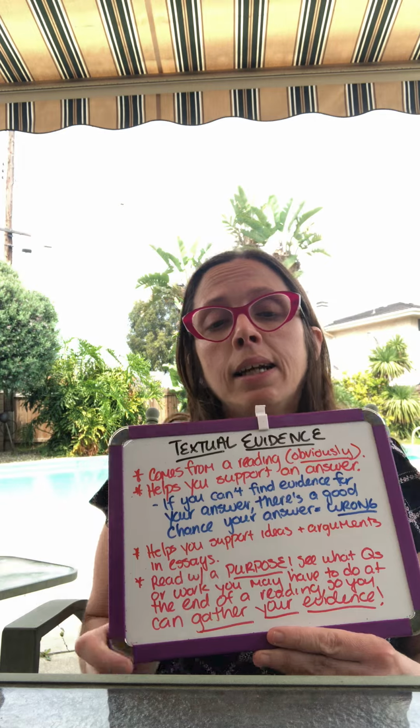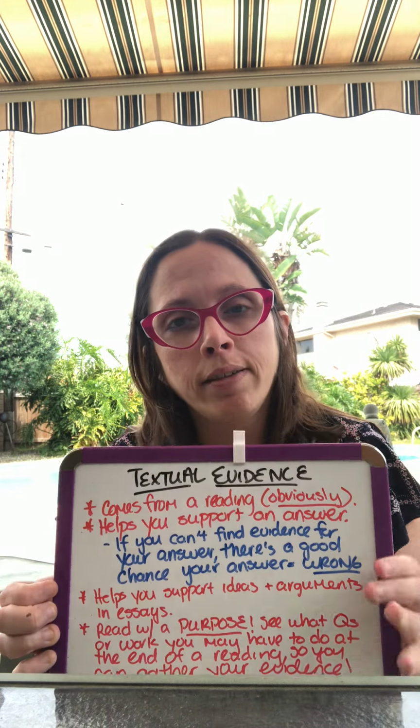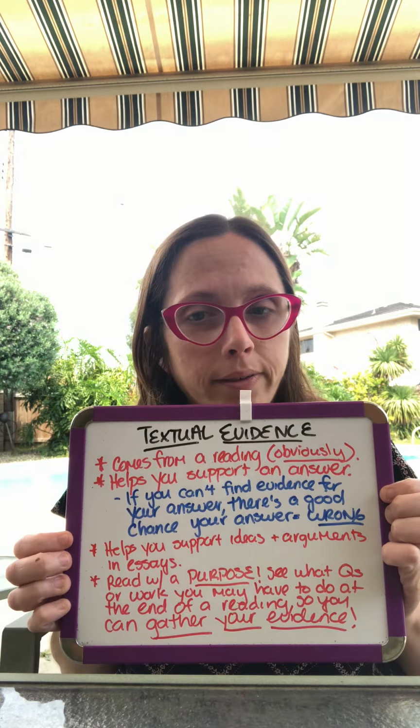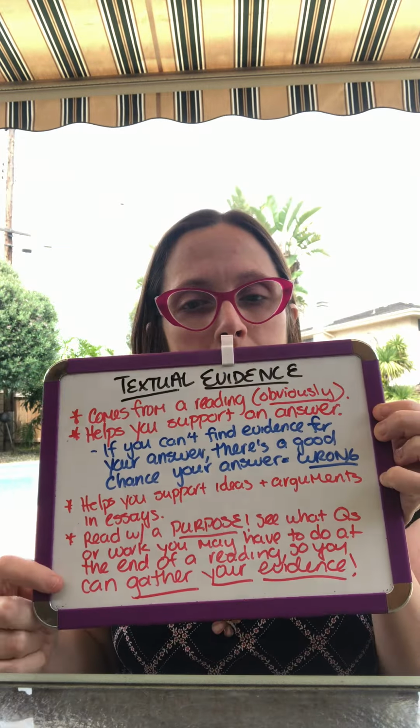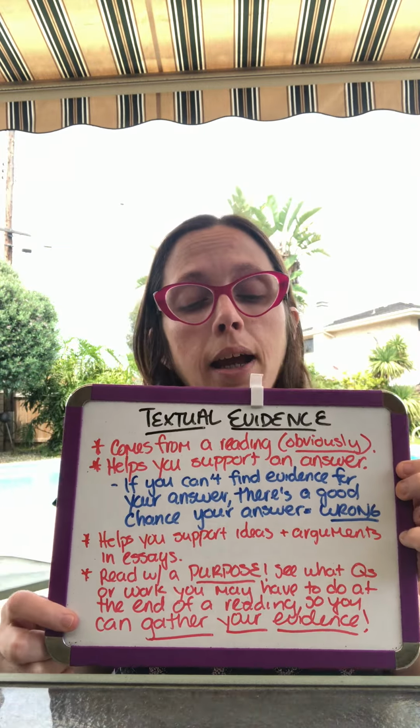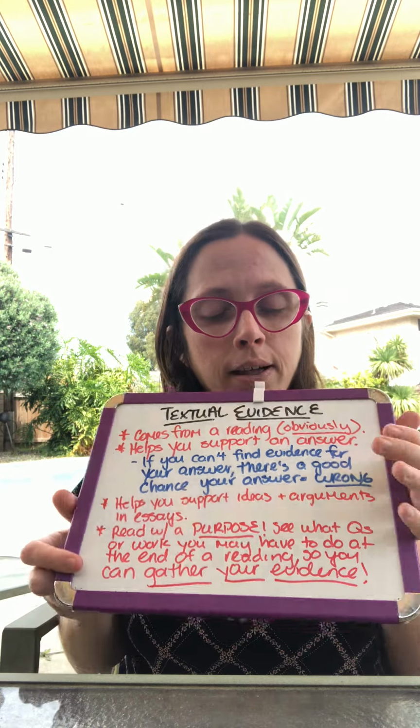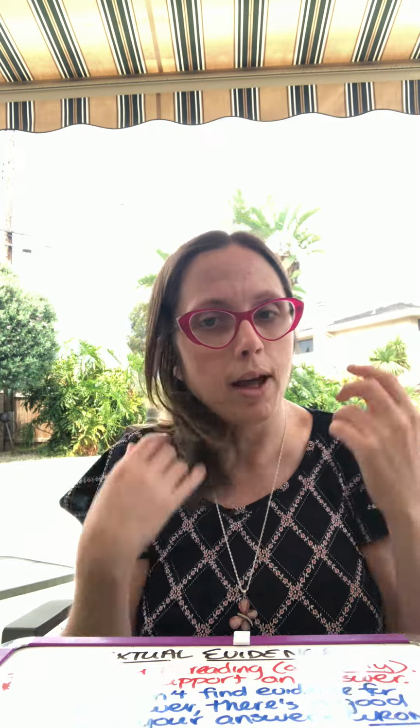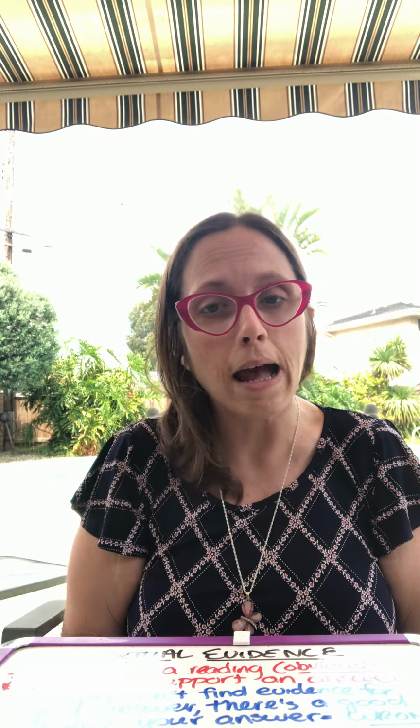And finally, my last thing about textual evidence is read with a purpose. What I mean by this is that when you're going to read, look at the questions or the work or whatever it is that you have to do with that reading.